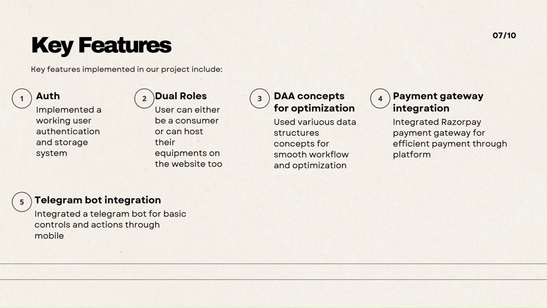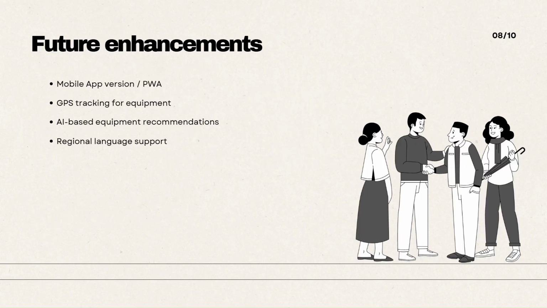Dual role: a user can be either a farmer or a renter. Payment gateway integration: the user makes a payment through the payment gateway for the platform, and then the booking info is recorded.